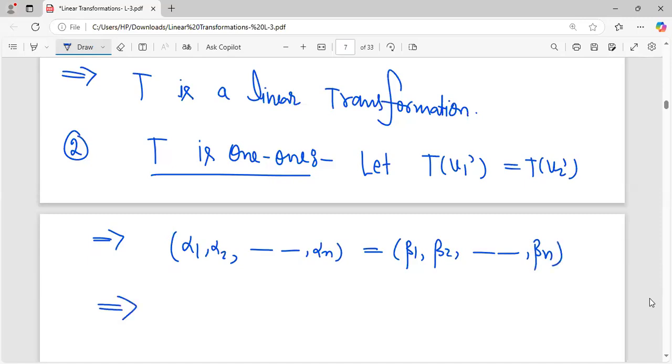So comparing both of these, I will say alpha 1 is beta 1, alpha 2 is equal to beta 2, and so on. Alpha n is equal to beta n.